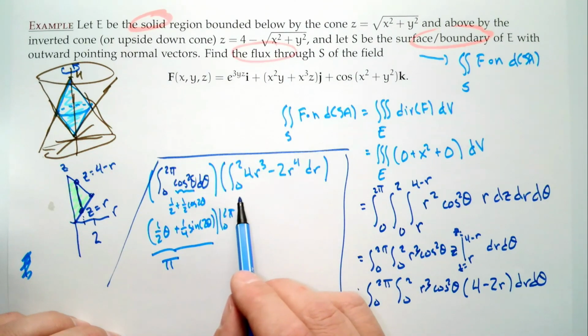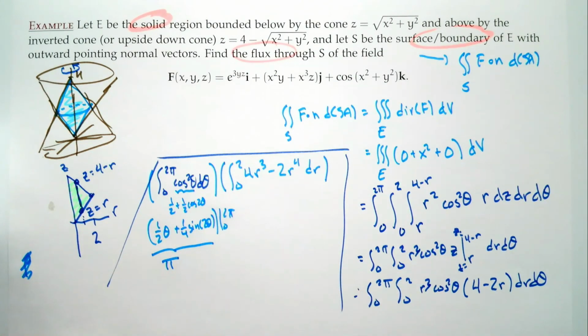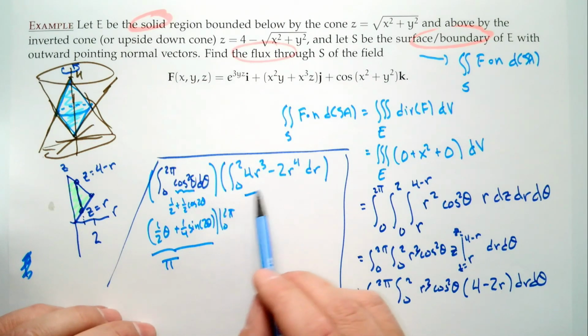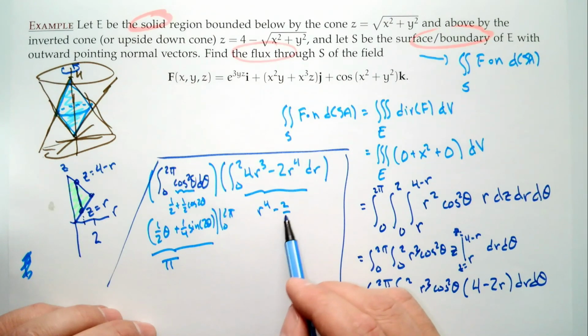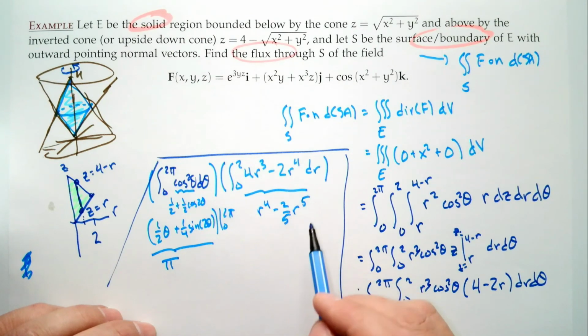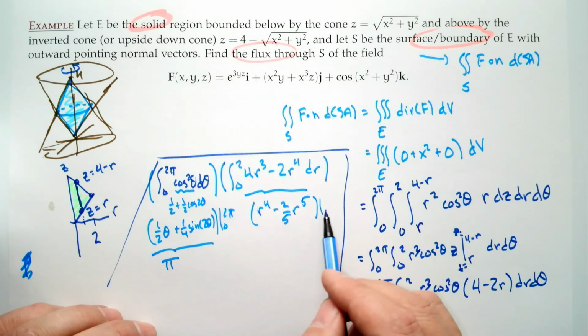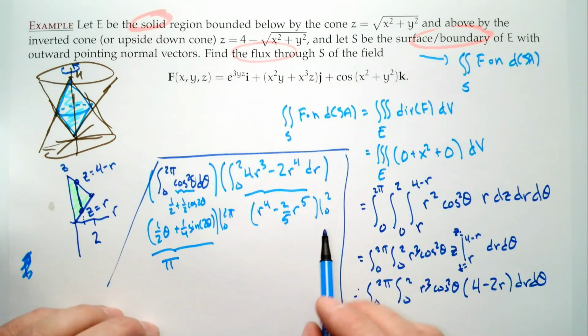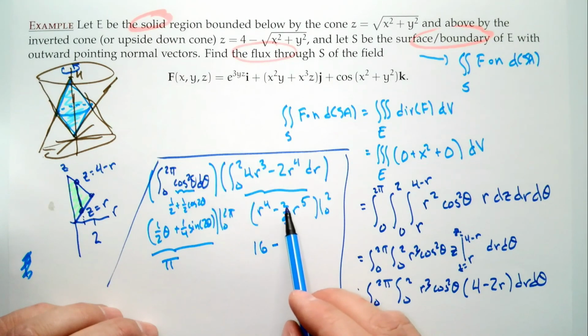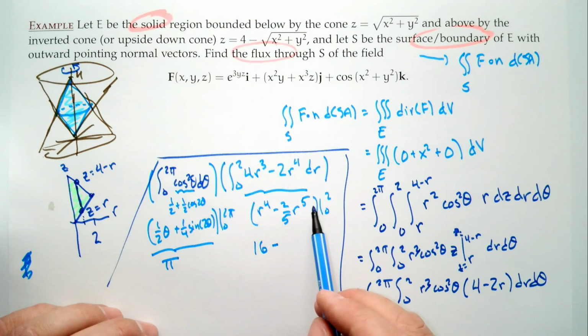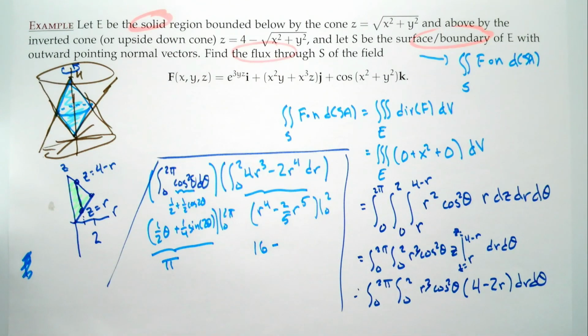Now the second one. What's the integral of 4r cubed minus 2r to the 4th? r to the 4th minus 2/5 r to the 5th. And then we're going to evaluate from 0 to 2. Well, 0 is easy. Plug in 2. You're going to get 16 minus 2/5 r to the 5th. Well, 2 to the 5th is 32.